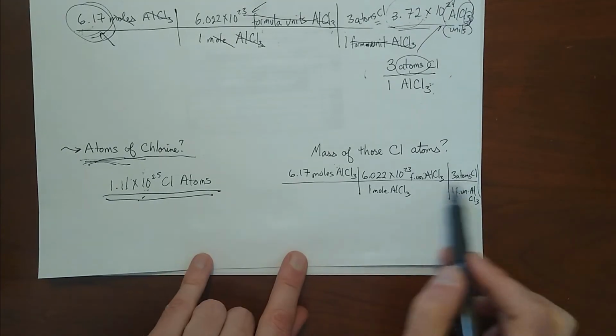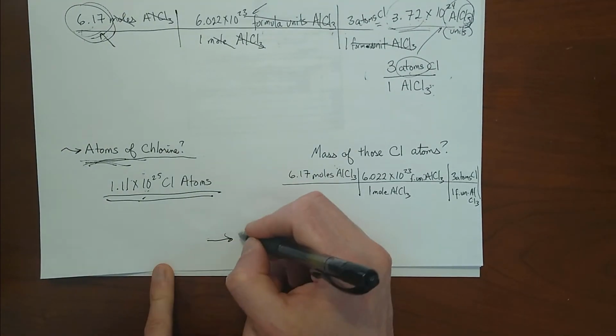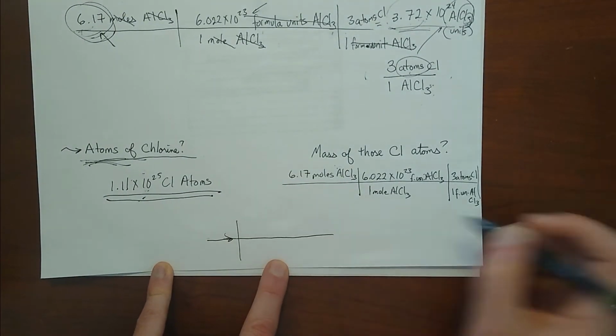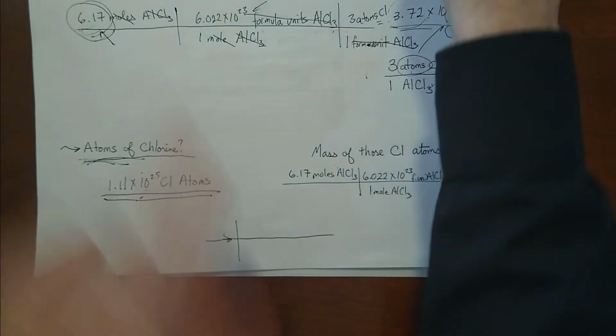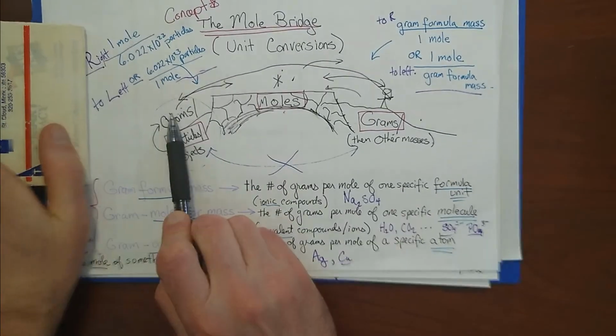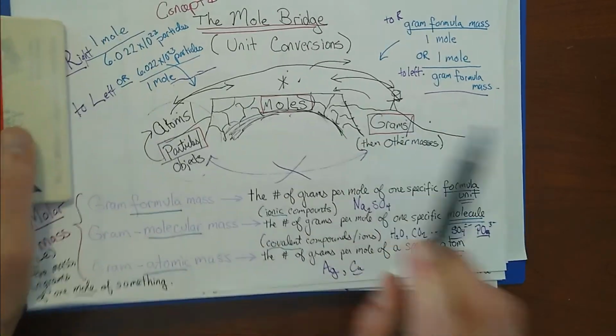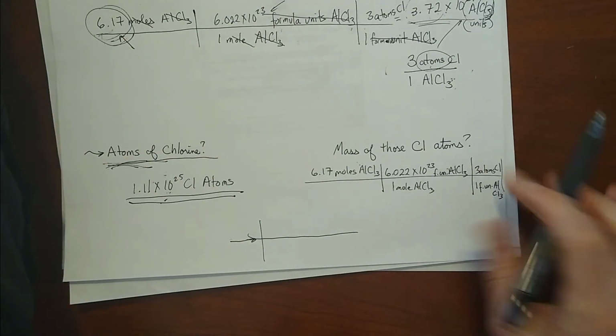And then I'm running out of space here, but I'm going to continue this conversion down here. From there I'm going from atoms of chlorine, which is a number of particles, back to moles and then to grams. So I need 2 more conversion factors.